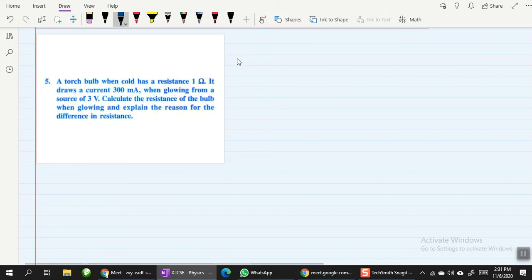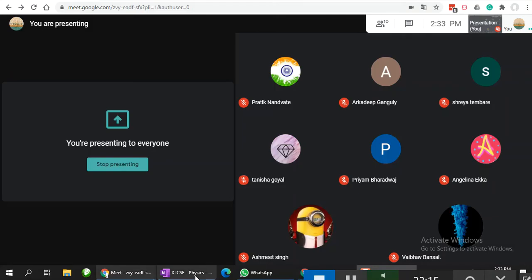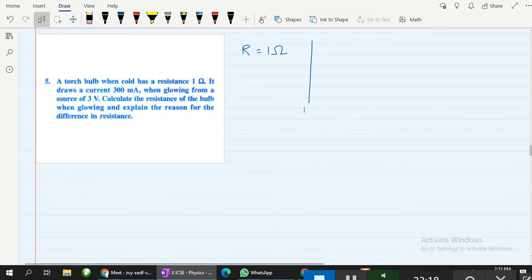Yes, sir. A torch bulb when cold has a resistance of 1 ohm. ठीक है, तो रेजिस्टेंस है 1 ohm. It draws a current of 300 milliampere when glowing from a source of 3 volt. अच्छा, ये तो कोल्ड की बात है. Okay, so resistance is 1 ohm when it is cold.